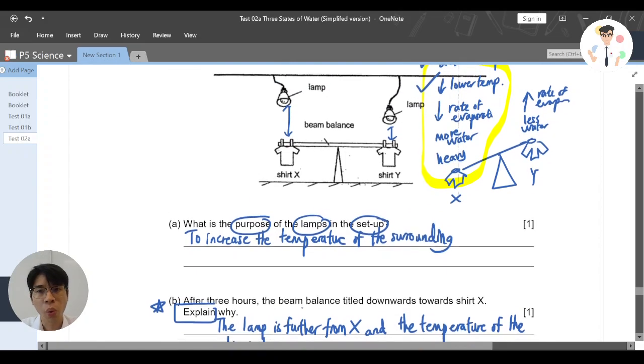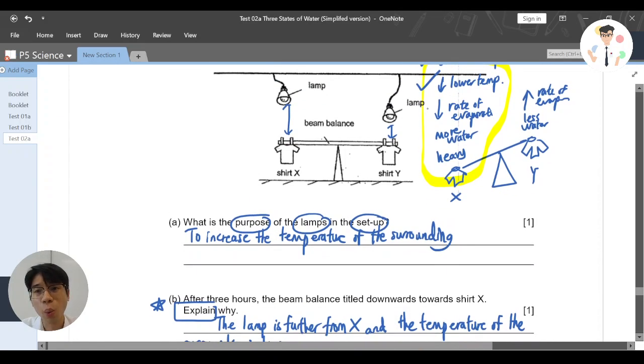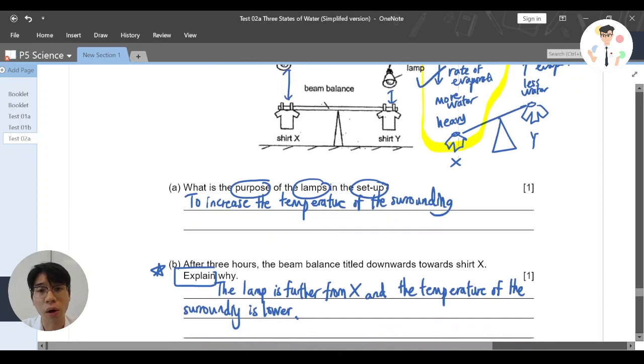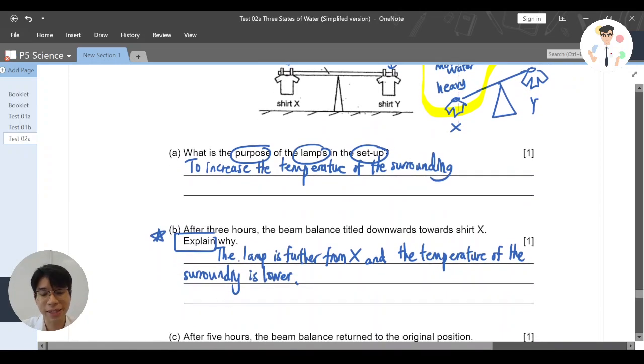And when the temperature is lower, what happened? The rate of evaporation is slower. Why? Because it gains less heat.